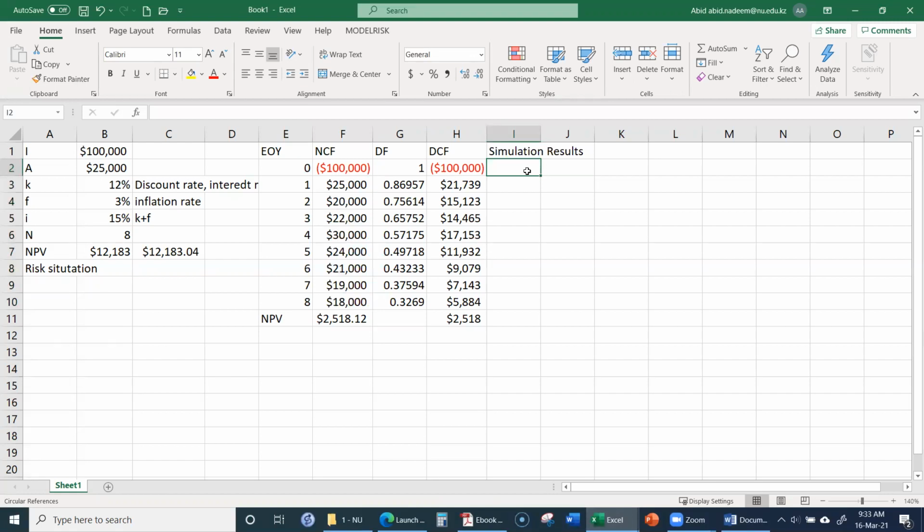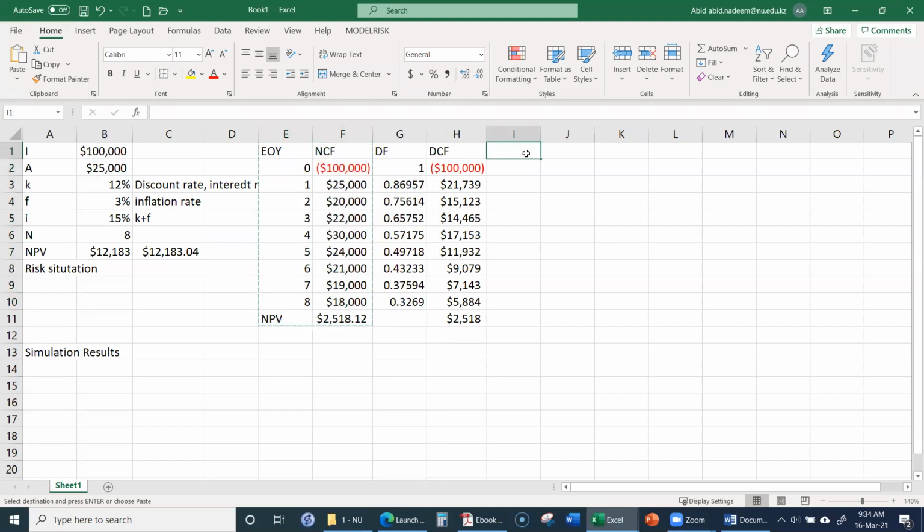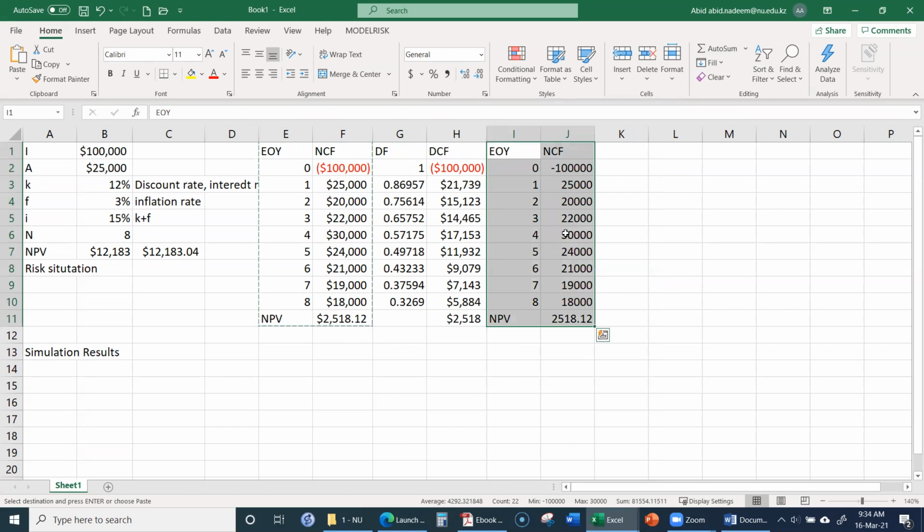So let's take the simulation results now over here, and I just copy this data. For example, I have this data over here.